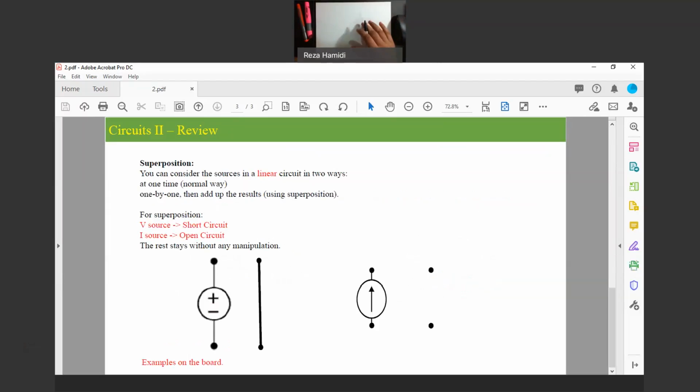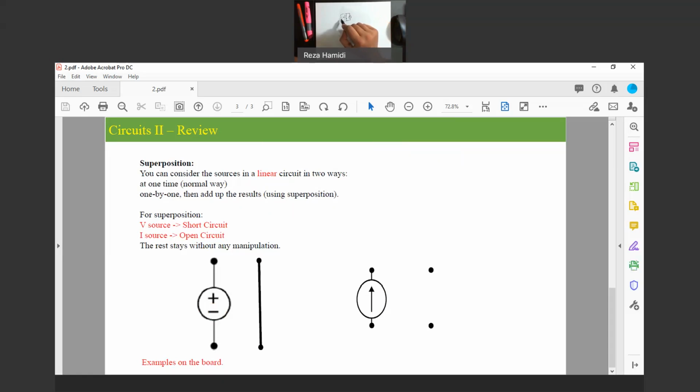Unfortunately, all of the circuits we deal with are linear. So that means if you have a couple of sources, different sources in a circuit, let's say this is one source here and there is another source here. We need to find the current passing through this resistor.